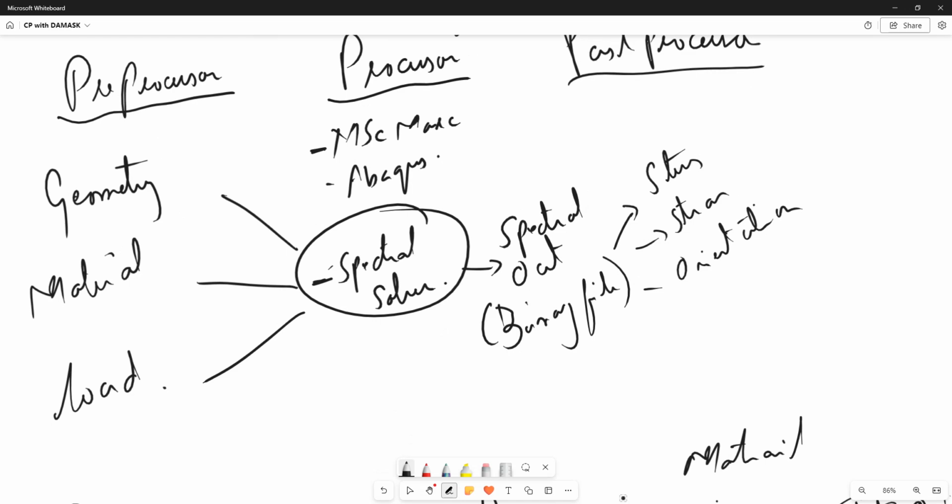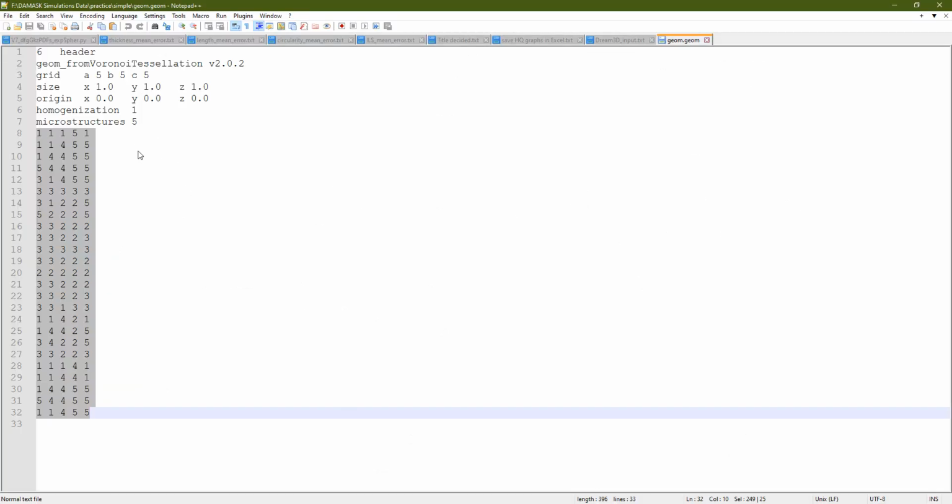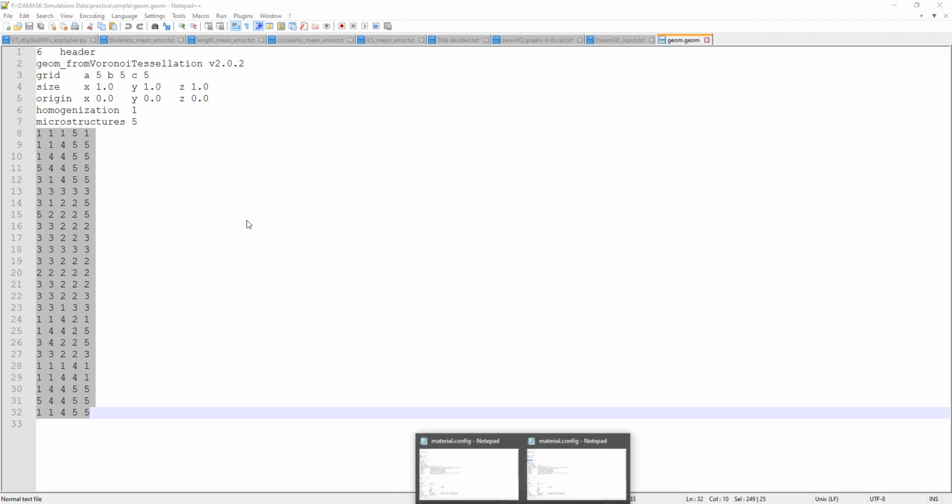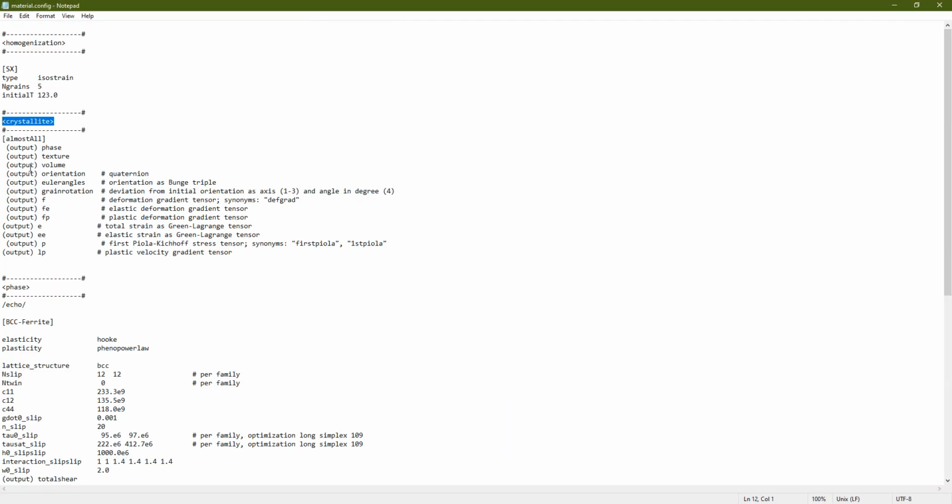So in the material file, we are already assigning certain tasks to the solver. So which attributes should it save when solving the equations, right? And then in the beginning we have the homogenization scheme, which means when we apply the external force, how is it resolved on every grain?